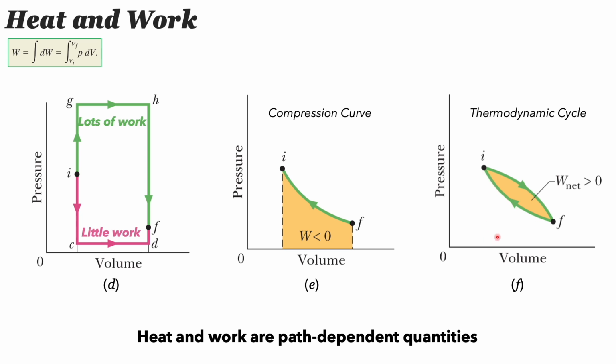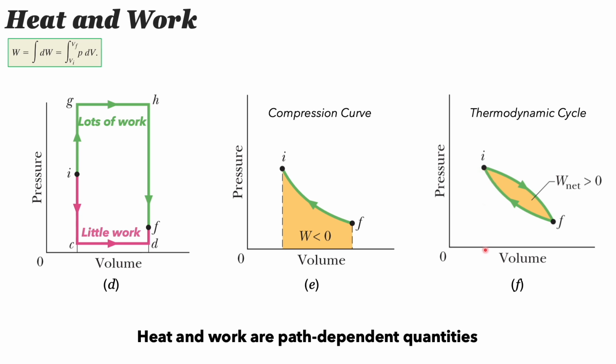Also, the work done during the process going from I to F will be positive, and the work done going from F back to I will be negative, because I to F involves the expansion.